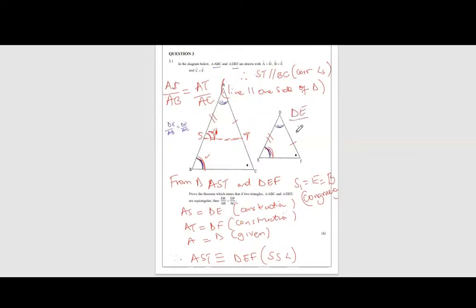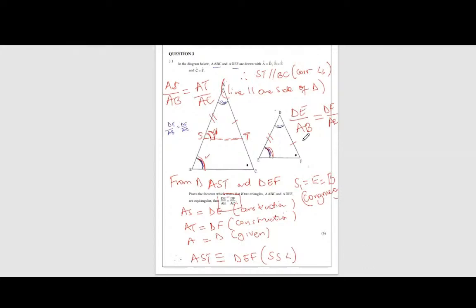So DE over AB is the same as, remember we said AT is the same as DF, so DF over the same AC. And that's what the question wanted: prove that this is the same. All that has to be shown for you to obtain your 6 marks.